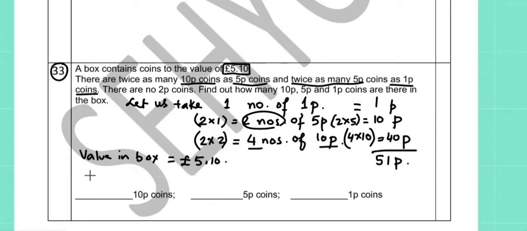So, how many times is 51 pence multiplied so that we can get 510 pence?